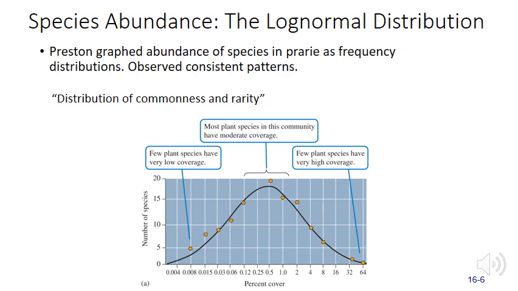So when he graphed the number of species on the y-axis with a log scale of their relative abundance, he found these kind of normal or bell-shaped curves. So what they essentially show is that a very low number of species are very rare, a very low number of species are incredibly common, but most species have this intermediate abundance, and that's what generates this bell-shaped curve.